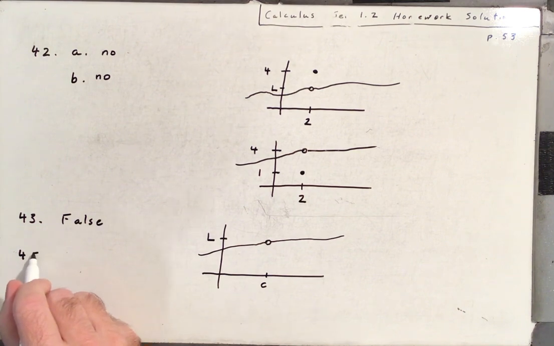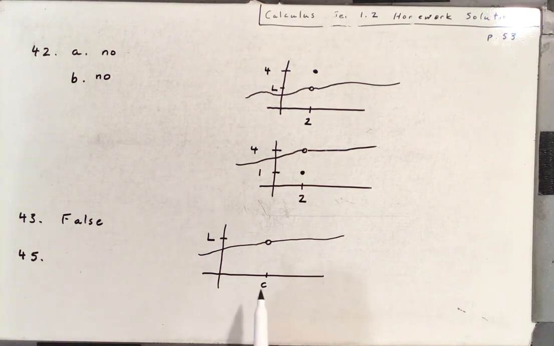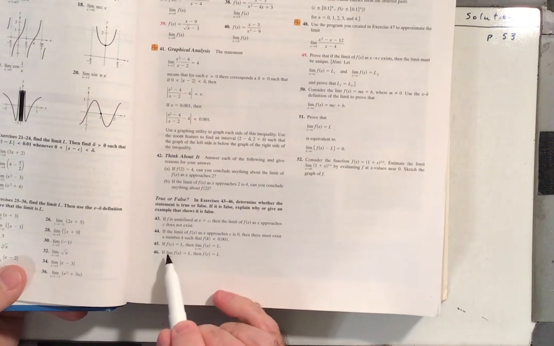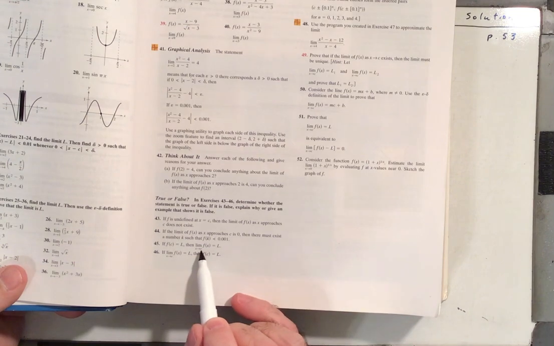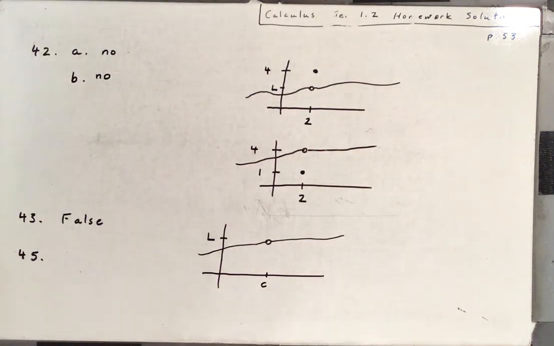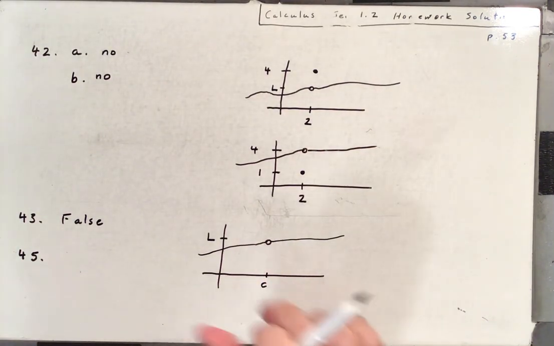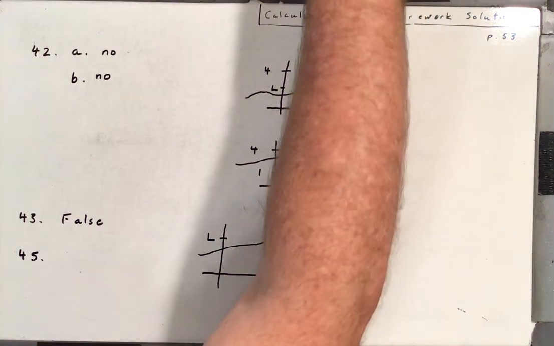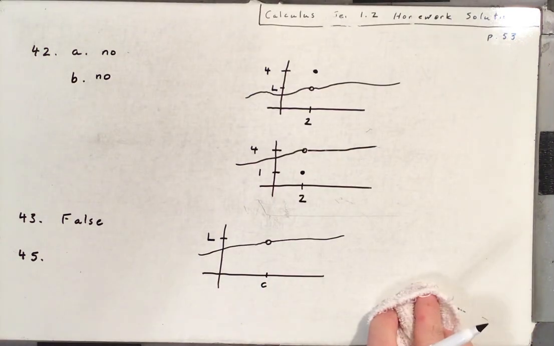All right, let's see if we can use this same drawing for number 45. Maybe not. So 45, if f of c is equal to L, then the limit must also equal L. Well, that's not necessarily true. I'm going to go ahead and draw a new graph for 45.